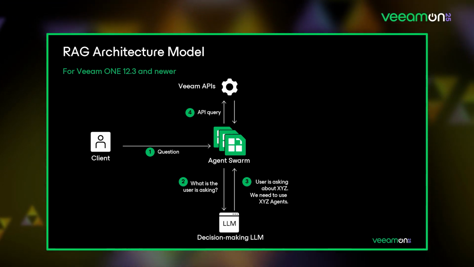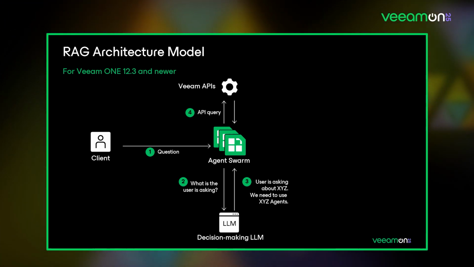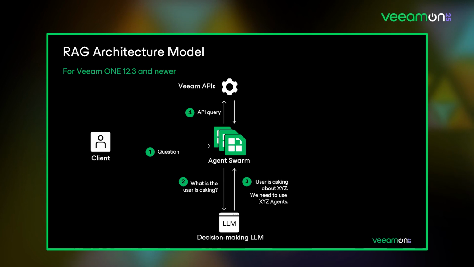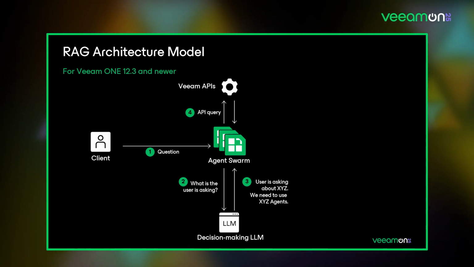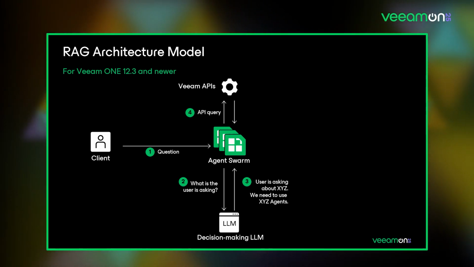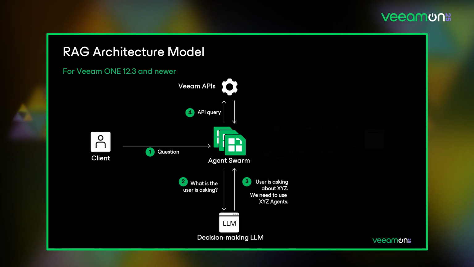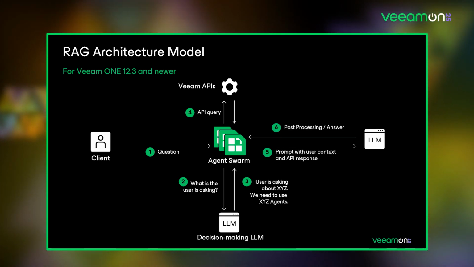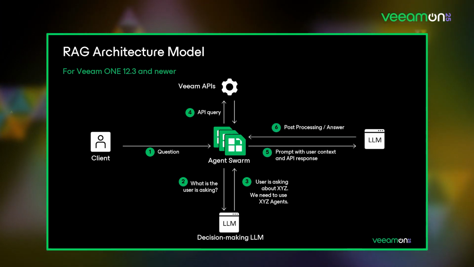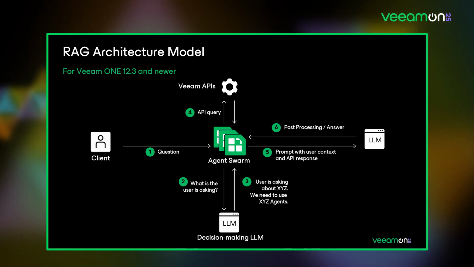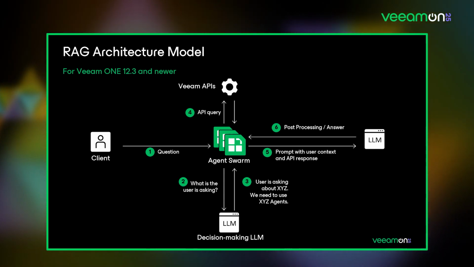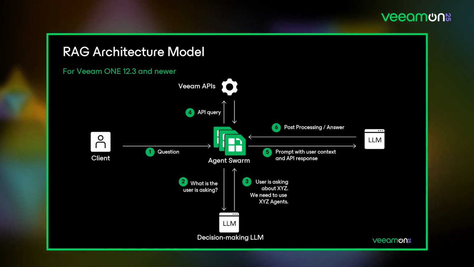So this is going to look at the data. It's going to find, for example, the job history for the last 24 hours. Then it's going to pass that data back into the large language model, so it can decipher it, understand it, and make sure that when it delivers it back to you as our customer, as the user, you're going to be able to understand and really know what that response means.